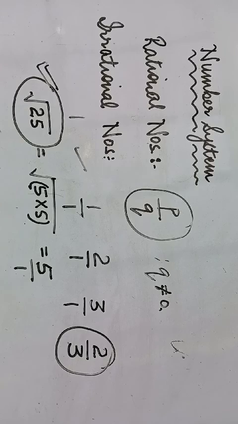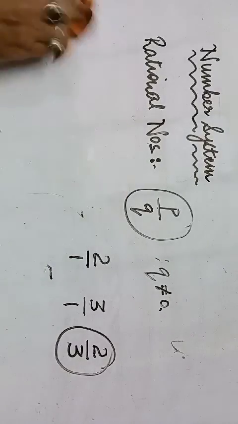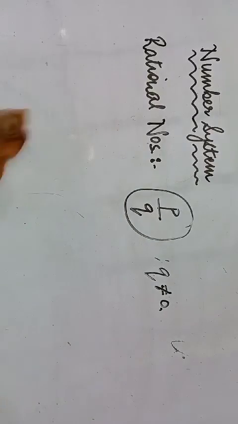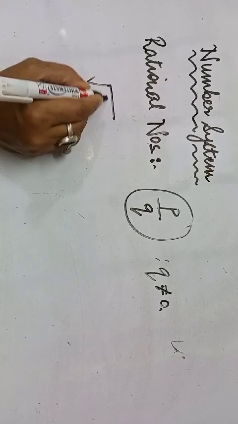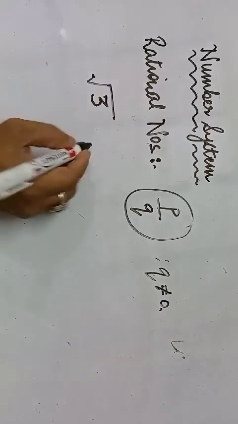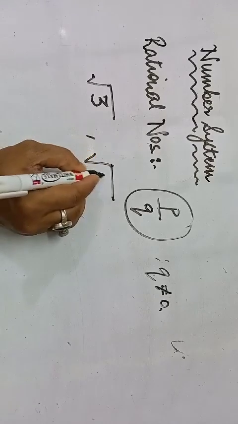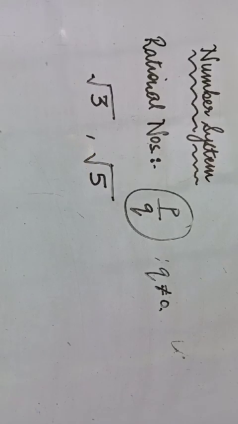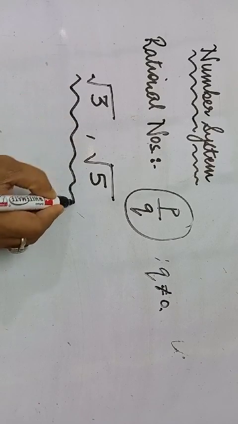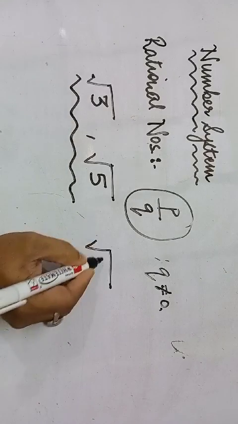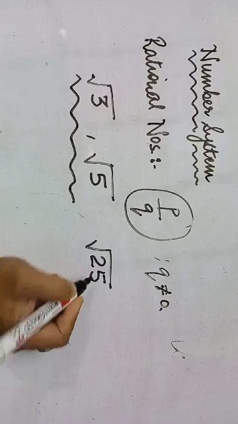Now, this is one aspect of it. Now you see, there are numbers like, let's say for example, square root of 3 or square root of 5. We will try and compare such root numbers with a number that we already discussed.